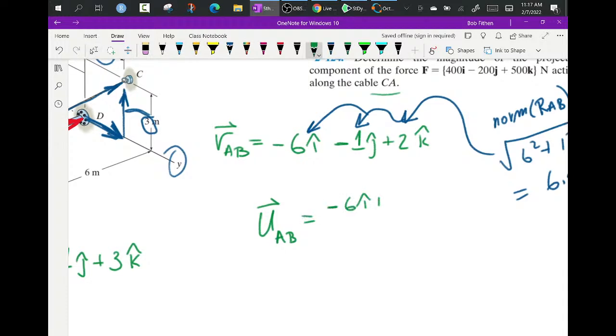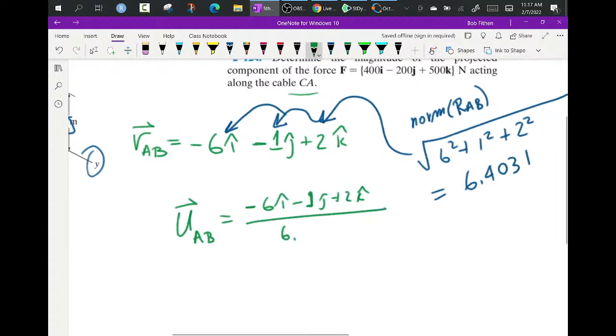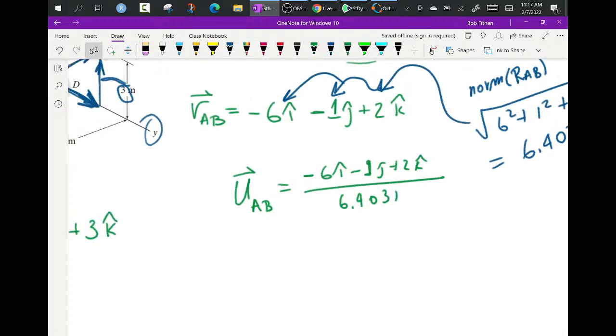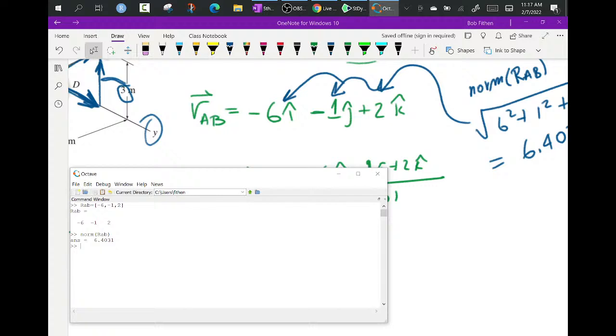minus 6i, minus 1j plus 2k, all that, over the 6.4031. So I'll just call it UAB is equal to RAB divided by the norm of RAB.